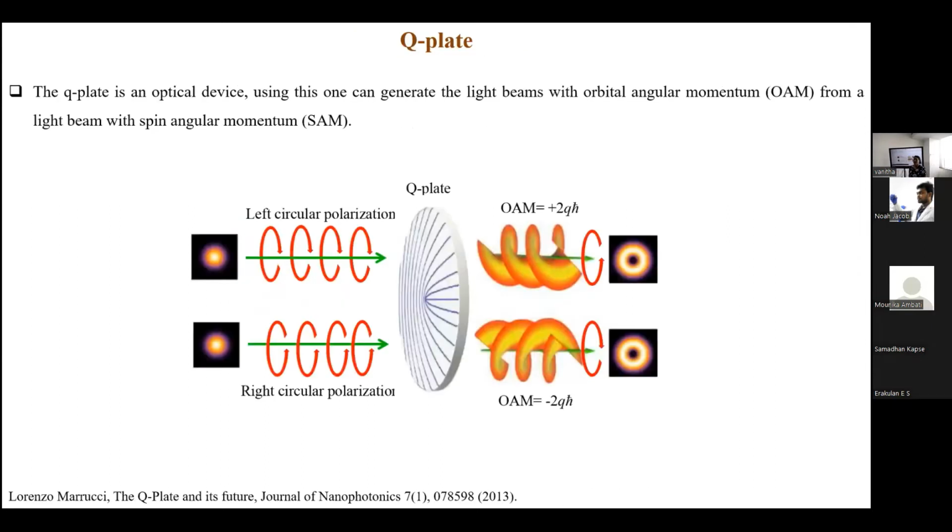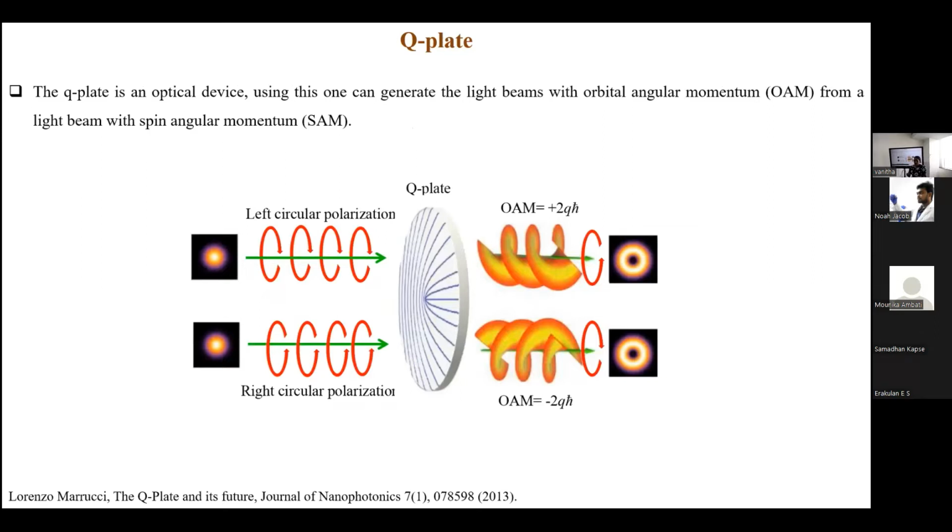So the next thing is the Q plate. It is a liquid crystal device which has an azimuthal pattern. We can see here the azimuthal coordinate at the center. This Q plate leads to the conversion of spin angular momentum to orbital angular momentum within the same light.